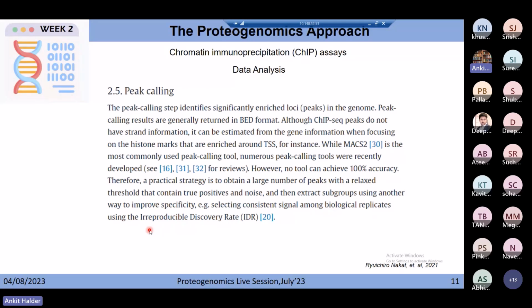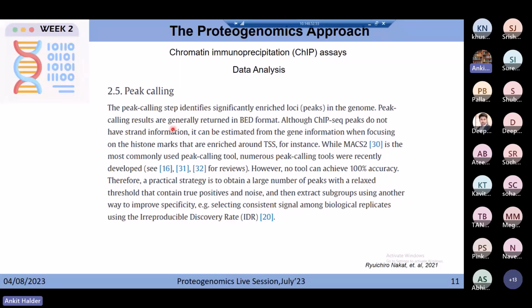But here you will be doing peak calling to identify the significantly enriched loci in the genome, because here our objective is different. Here our objective is to find out from which region of that particular DNA the proteins are interacting. So here comes the difference in the analysis steps.